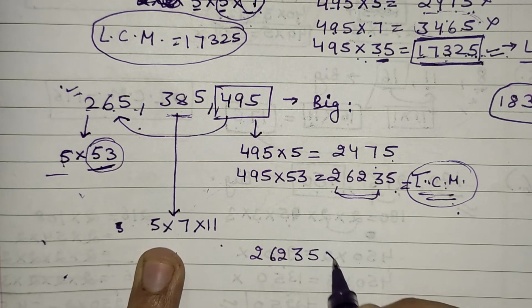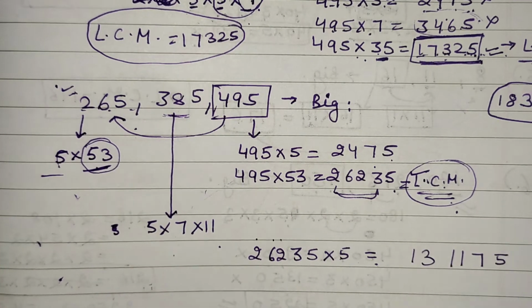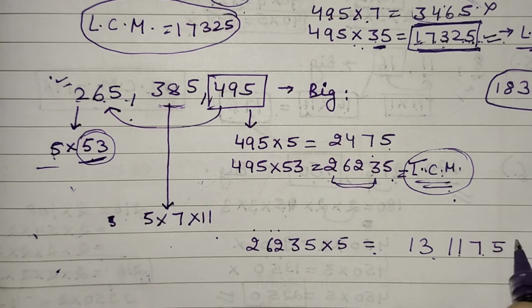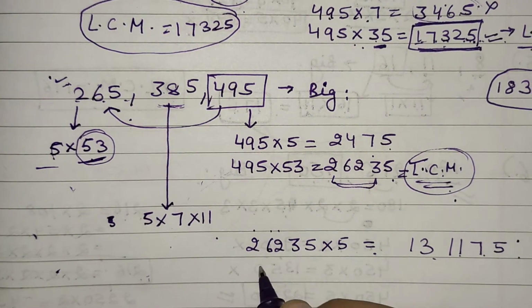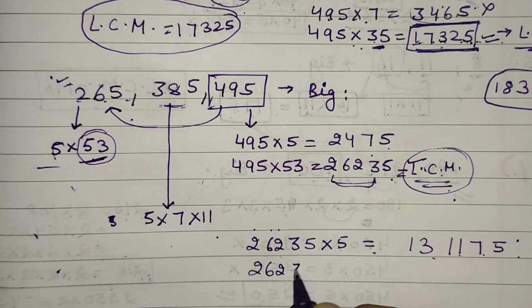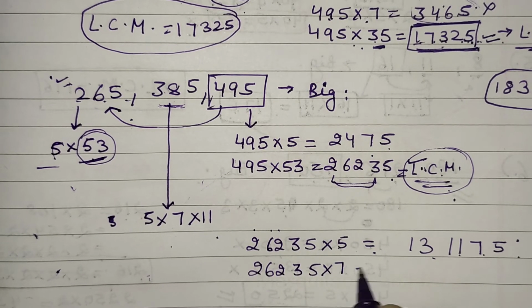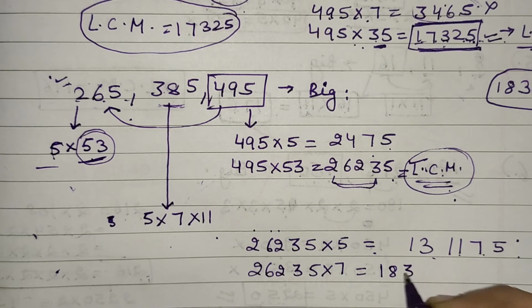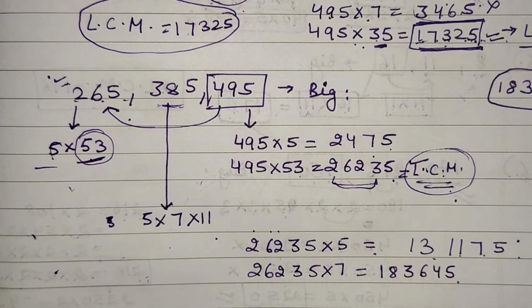If you multiply it by 5, you will get 131175. So again it is not divisible by 385. So you will take another factor, multiply it by 7, and you will get the value 183645.